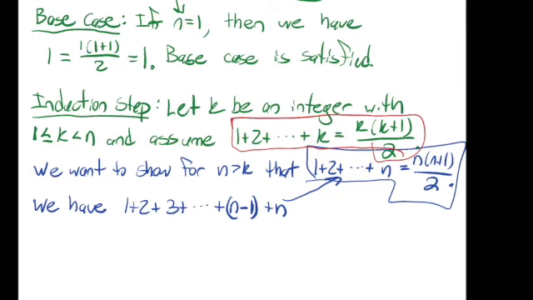And we've assumed this is true for all values of k less than n. Is n minus 1 less than n? It is, right? So that means all of this stuff right here, we can use the induction hypothesis on that.